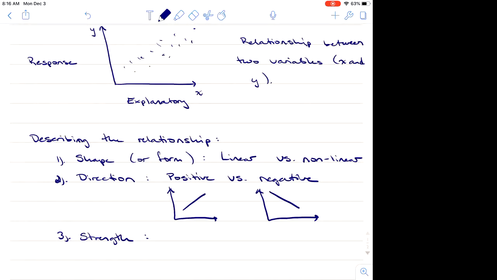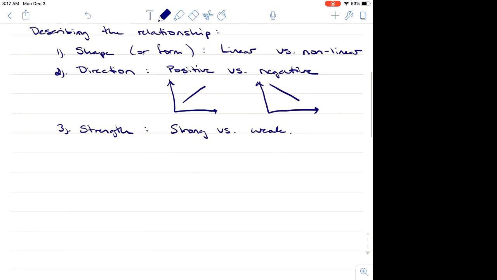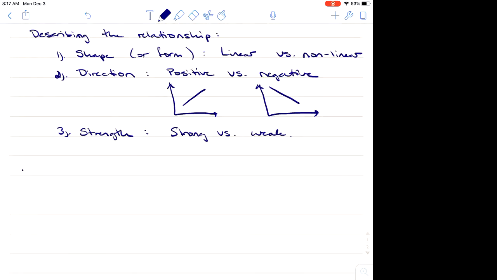I would call that strong, or you could throw in moderately strong if you prefer, but we're just going to talk about strong versus weak. If you can't see a pattern, or if you're struggling to see some sort of pattern, I would call that a weak relationship. I think that's where we ended last day.